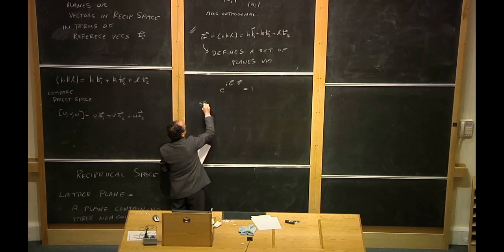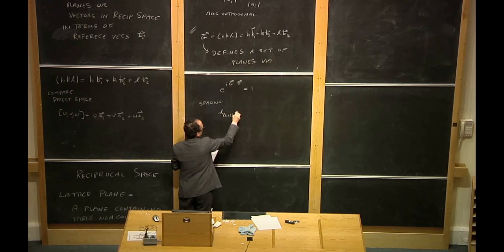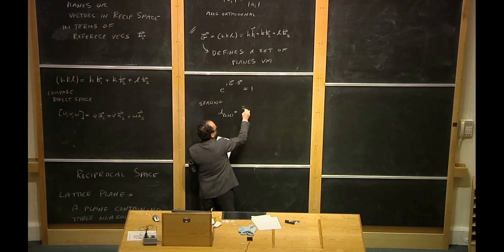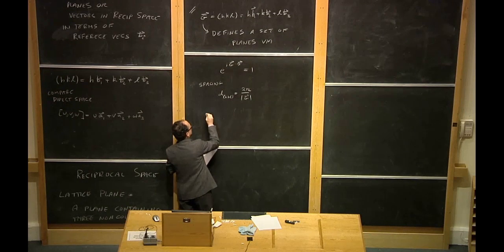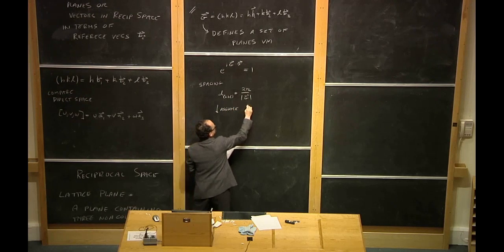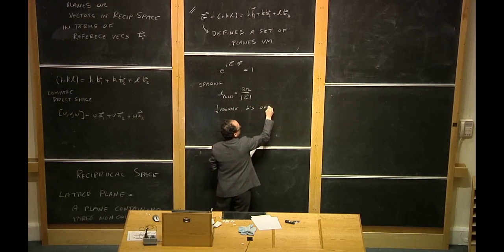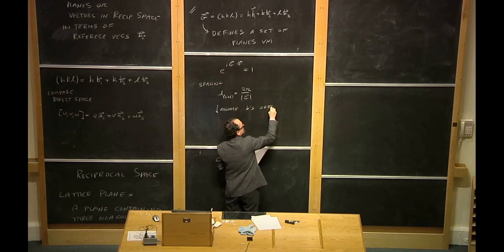And the spacing of these planes is d_hkl equals 2π over the absolute value of G, assuming orthogonal axes, orthogonal b's, or a's and b's orthogonal.